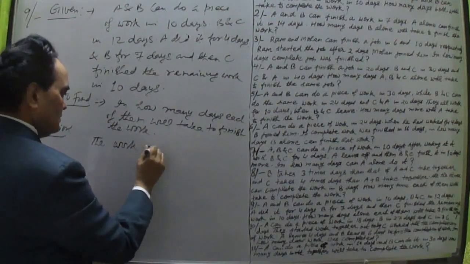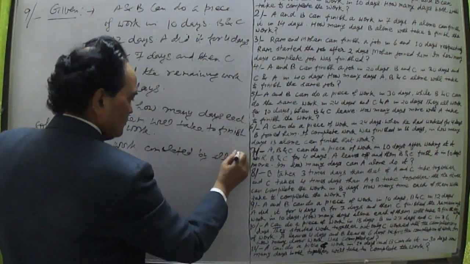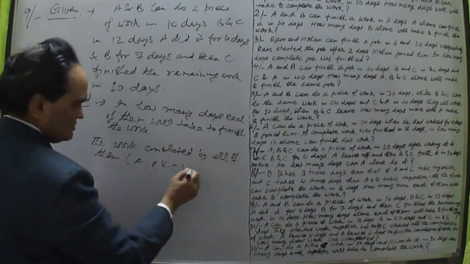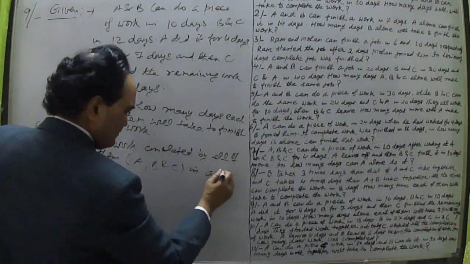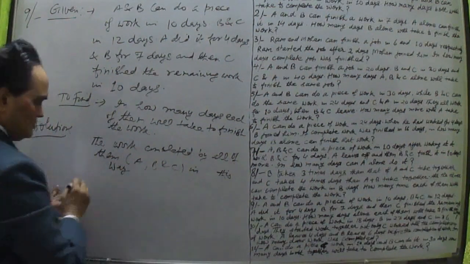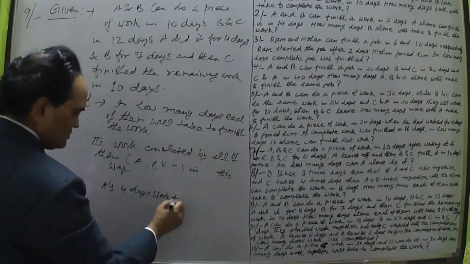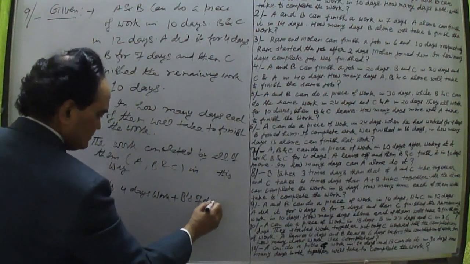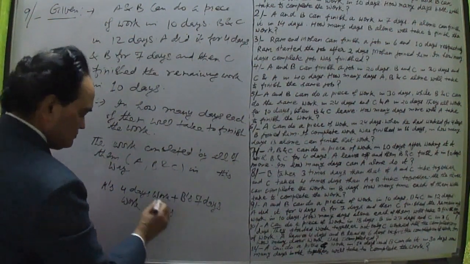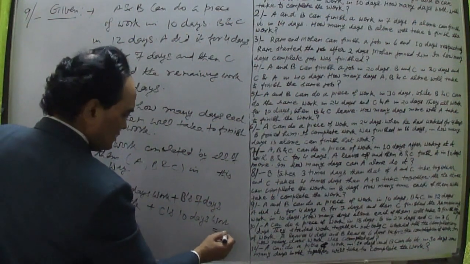The work completed by all of them, A, B and C, in this way: A's 4 days work plus B's 7 days work plus C's 10 days work is equal to one work.